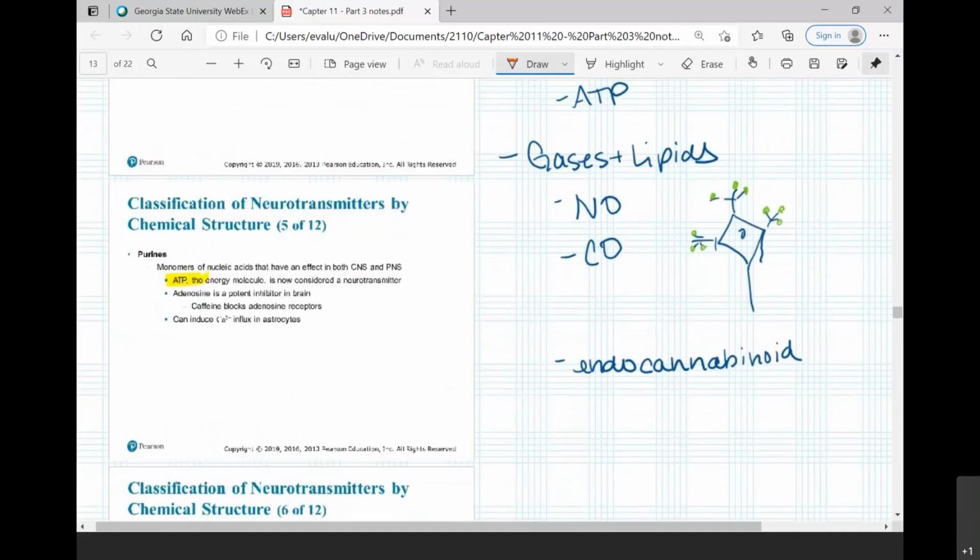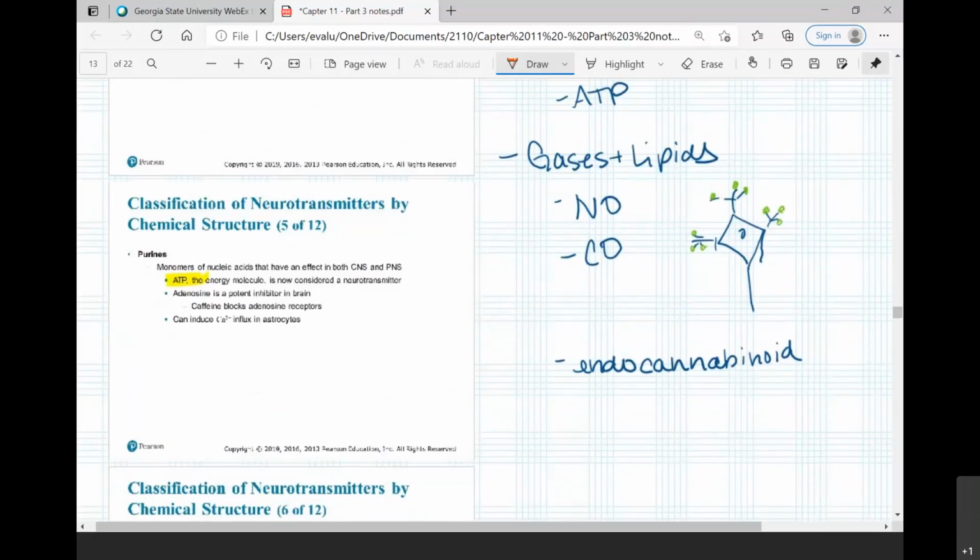Another one that we actually have is a neurotransmitter that is an endocannabinoid that will act on a cannabinoid receptor. That cannabinoid receptor is natural to us, and it is the same receptor that cannabis from the marijuana plant can bind to.